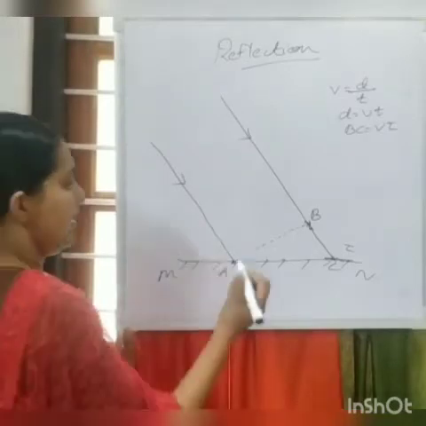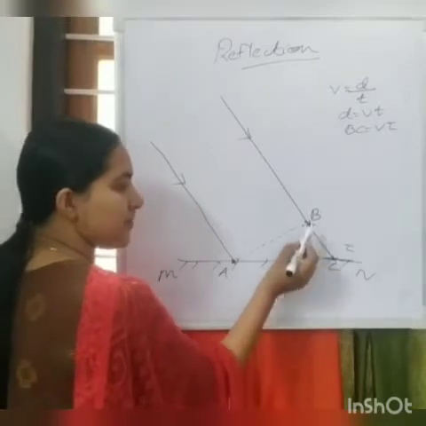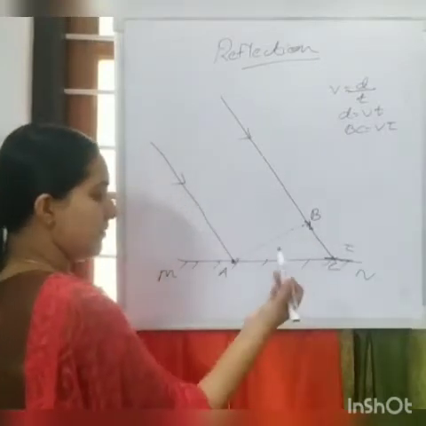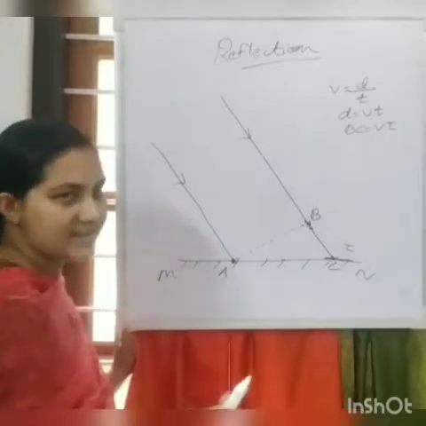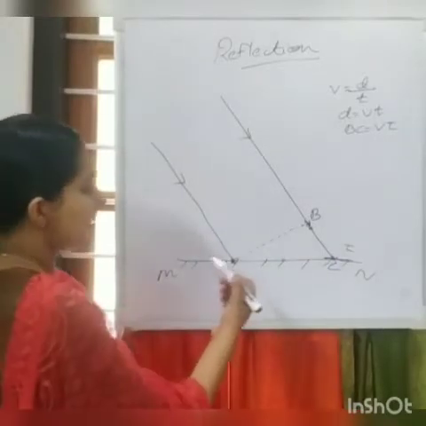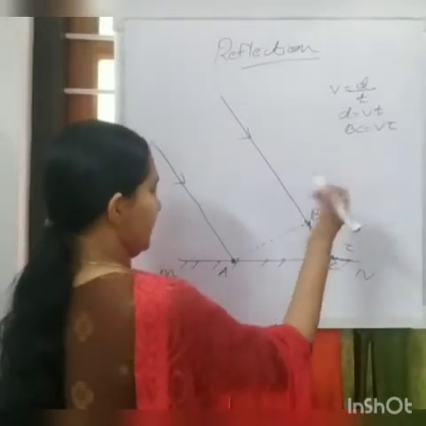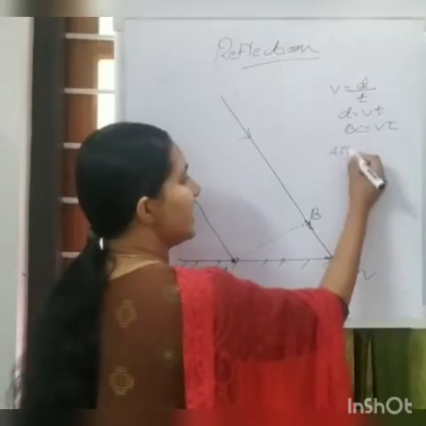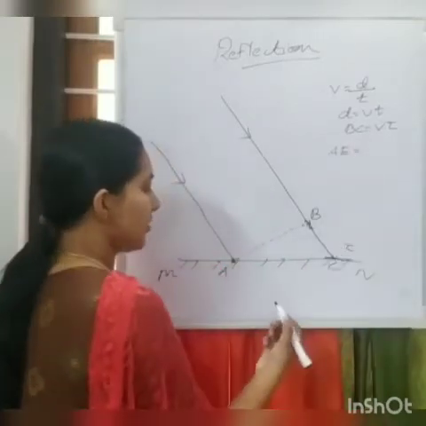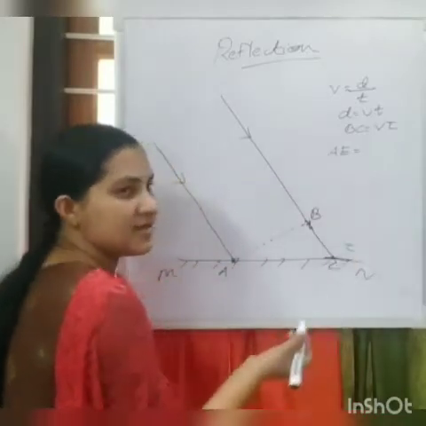Okay. Now from A, at the time when light reaches from B to C, at the same time the light at the point A gets started reflected, isn't it? So the distance travelled by this, that point we can take as E somewhere else. AE is also equal to velocity into time, isn't it?